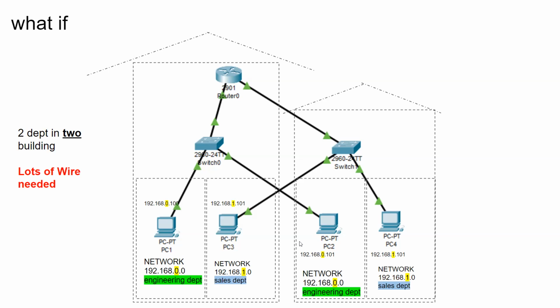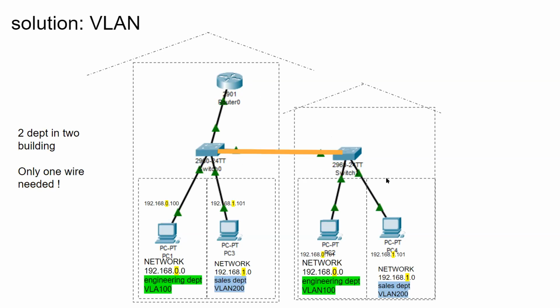So there is something called a VLAN, and this is basically, instead of having your switch connect with the router, having the switches connect with each other. A VLAN is like splitting something into categories. So right here, you can see that the engineering department is VLAN 100, and sales is VLAN 200.